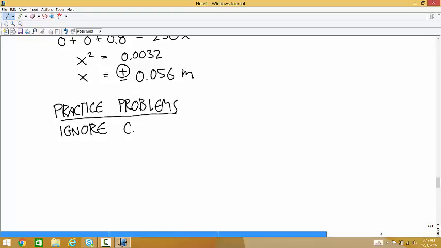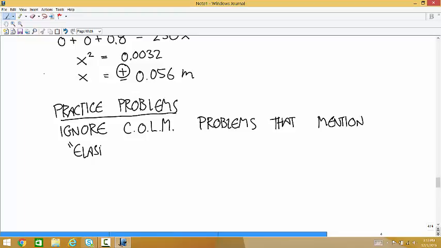So ignore any conservation of linear momentum problems that mention elastic, or bounce apart.